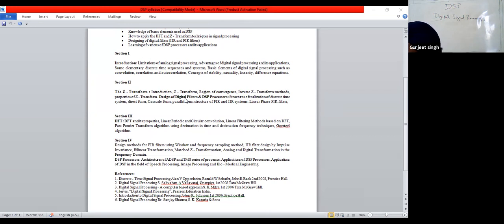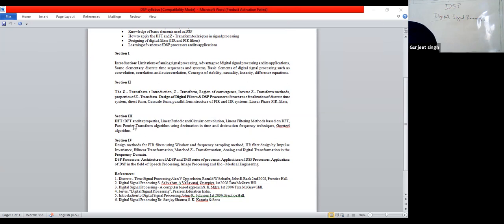Fourier we do for analog signals, for the analysis of analog signals, but the Z transform is basically for digital signals. Then we have the design of digital filters and DSP processors. This is included in unit number two.